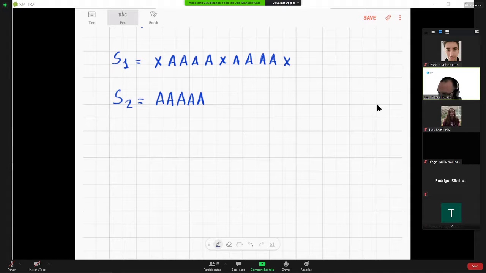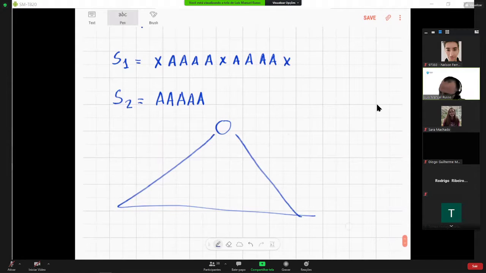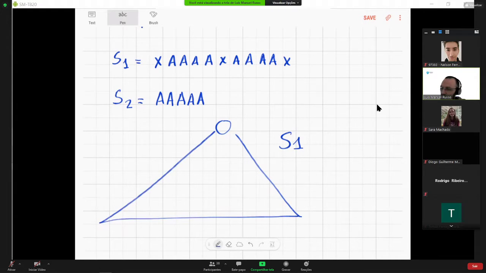If this is our example, what would our algorithm do? We have here the suffix tree for S1. Actually, it's probably best the other way around.